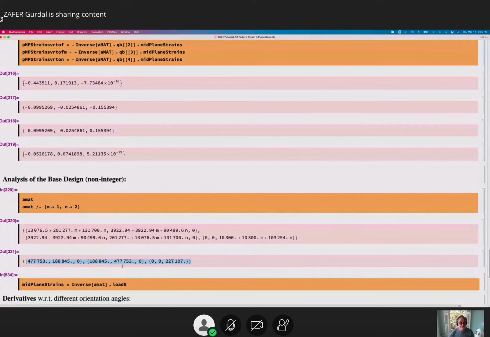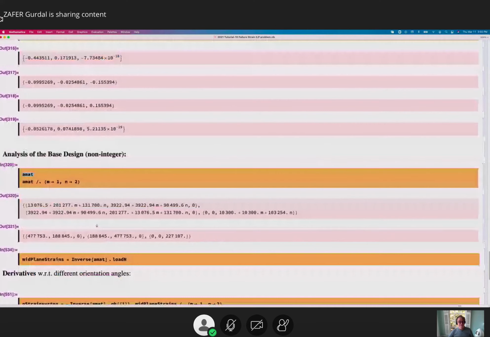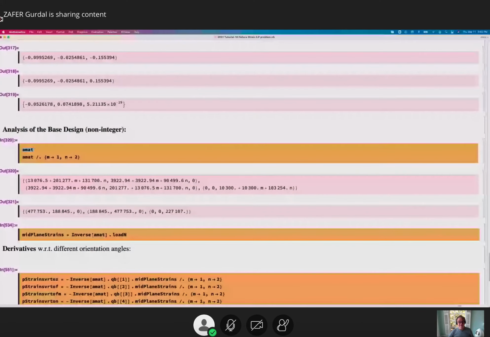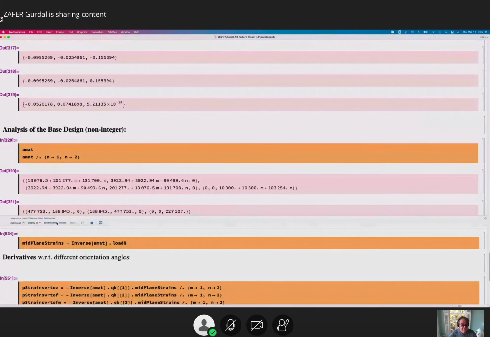M goes to 1, N goes to 2, I get a numerical value for it. But it actually exists in symbolic form as the A matrix. So my midplane strains, I compute the inverse of the A matrix symbolically, and I can show you that it's actually a messier expression.